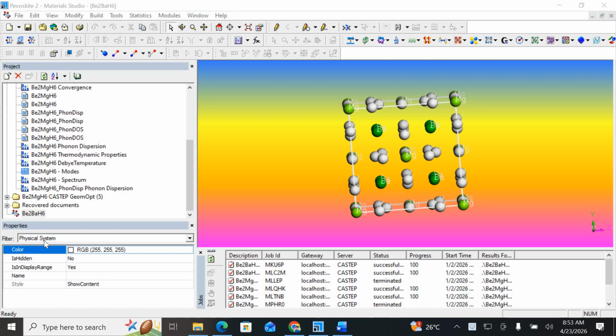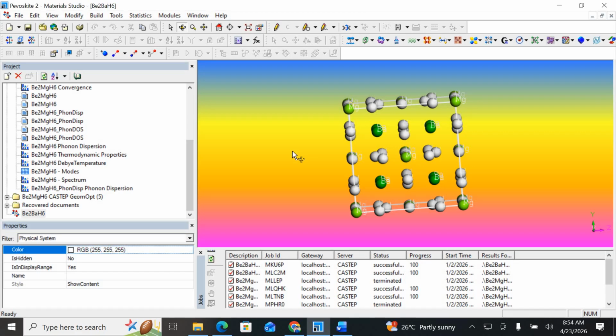Before we go into definitions, it is very important to understand why stability is so important in our research. In hydrogen storage studies, we are not only interested in how much hydrogen a material can store, but also whether that material can actually exist under real conditions.